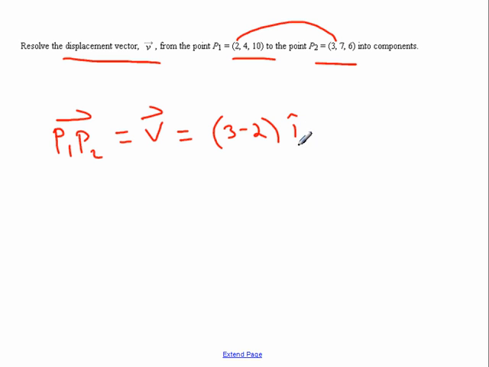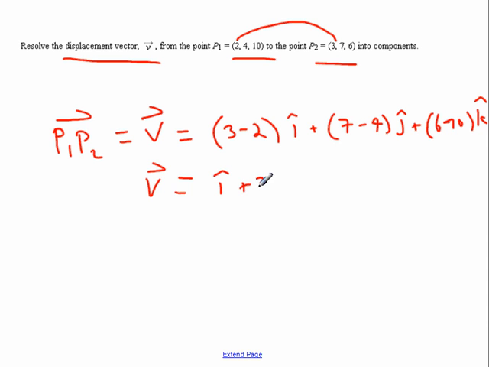So i hat plus 7 minus 4 j plus 6 minus 10 k. And then if we simplify this, our displacement vector is i plus 3j minus 4k.